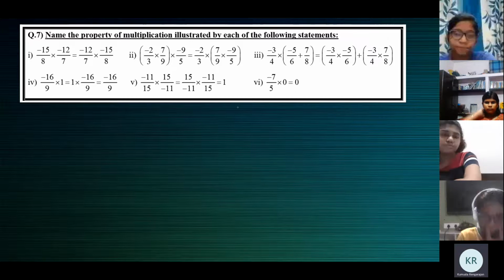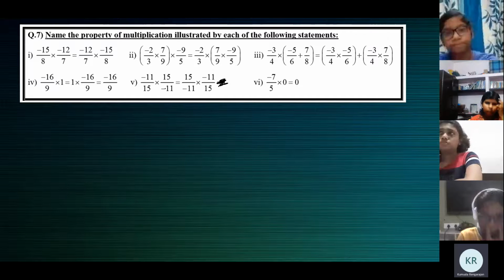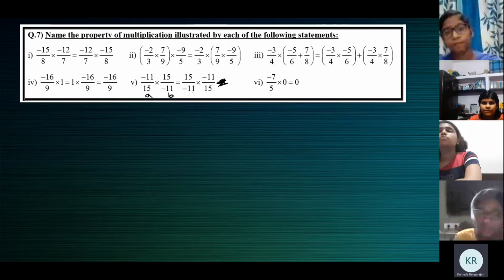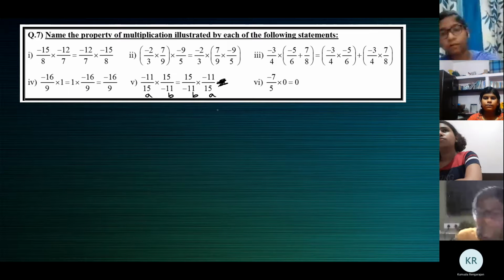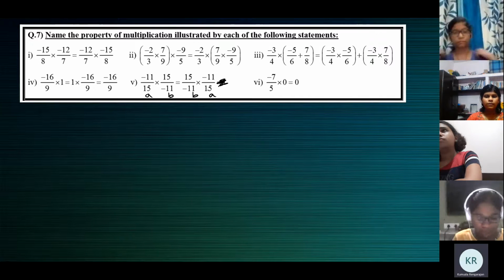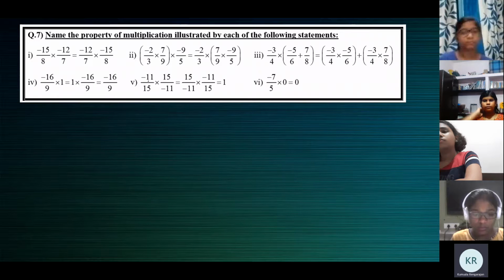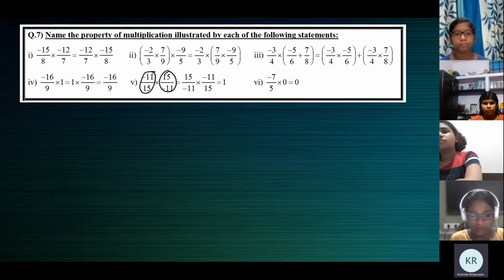See, children, don't get confused. If this is not given, then you may think it is the commutative property, because this is like A and this is B and this is A. A into B is equal to B into A. So commutative property. No, but it's given is equal to 1. That means they're trying to say that the product of a rational number and its inverse is 1.